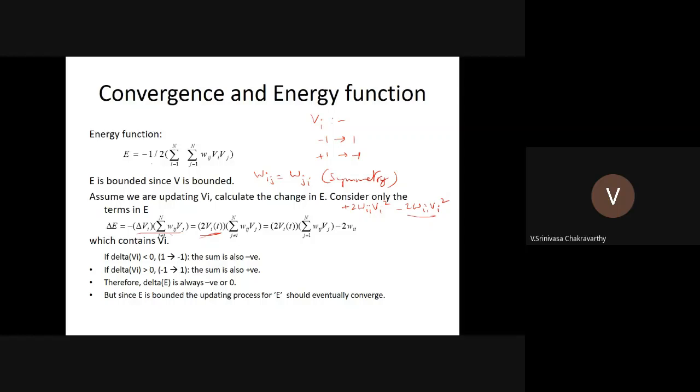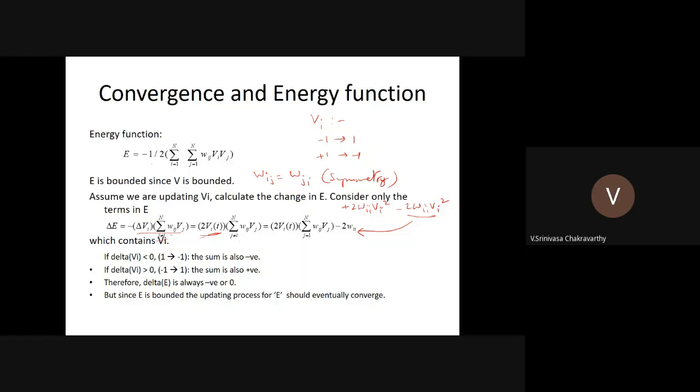This term can be absorbed inside, because when you take this delta Vi out, the ii term disappears, so you have the condition i is not equal to j. To put back the ii term, we add 2 Wii Vi square and also subtract 2 Wii Vi square. If you do that, again you get this.